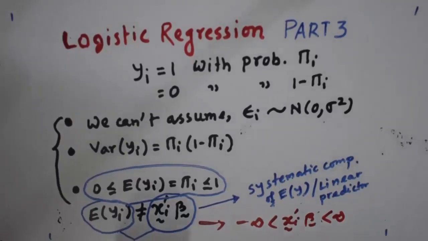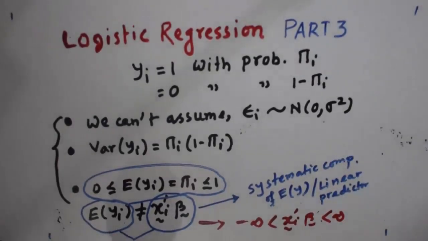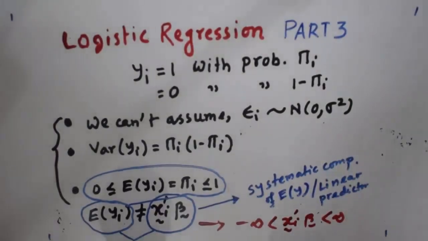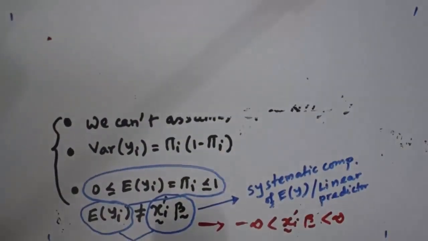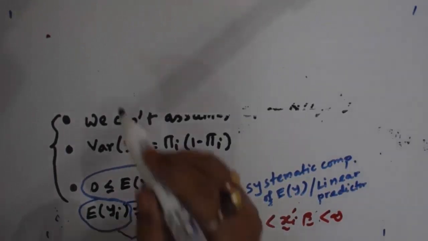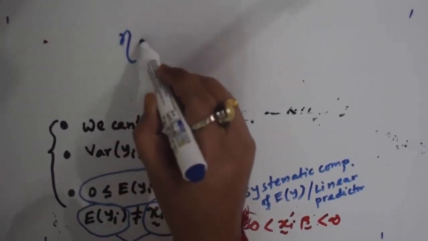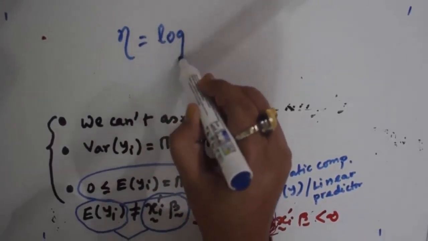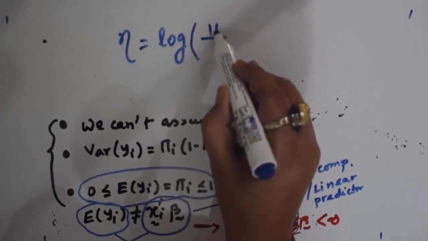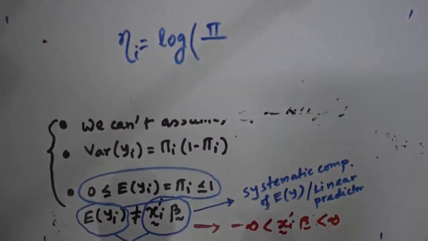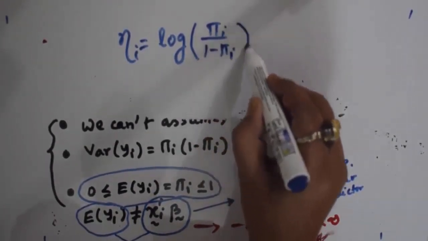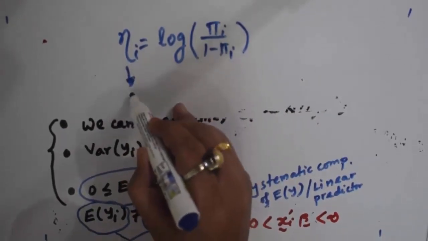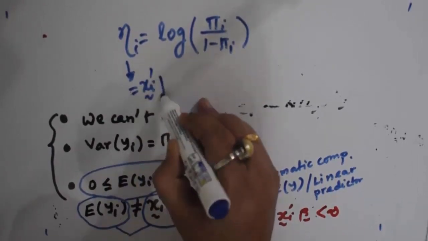And in our part 2 video we saw that for logistic regression, or when the response is a binary variable, the appropriate link function is eta equals log of pi i over 1 minus pi i, for the ith response, where eta is nothing but xi curl prime beta curl.